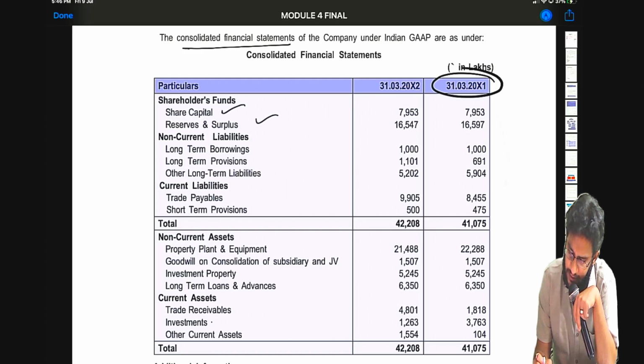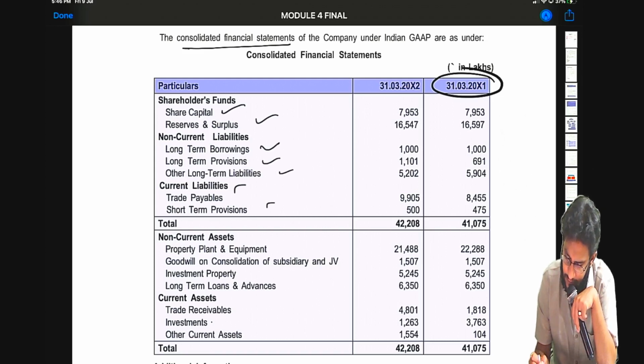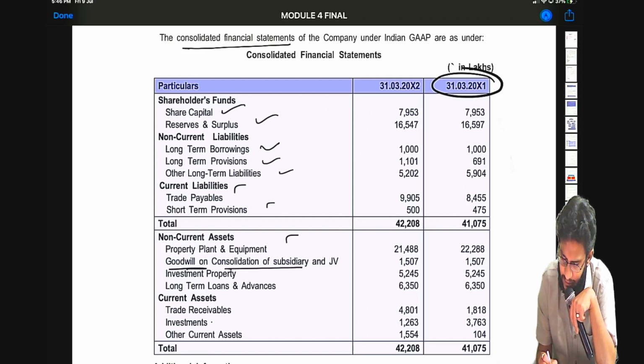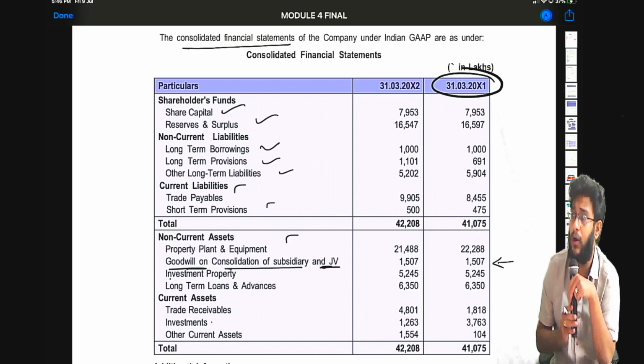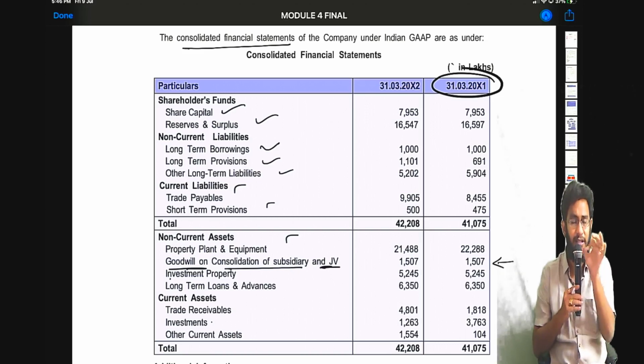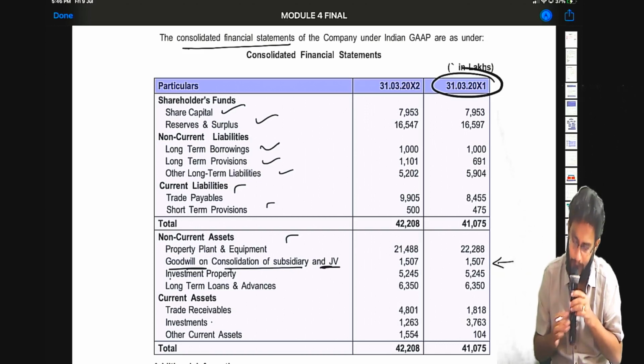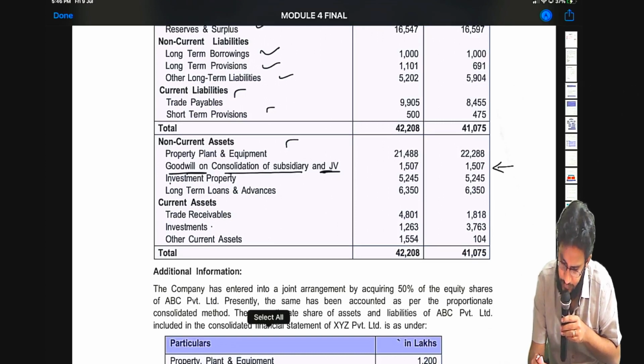Share capital, reserves, long-term borrowings, provisions, all this are there. Here look at this: goodwill on consolidation of subsidiary and JV. So this goodwill is purely related to subsidiary and JV consolidation. Next, investment property, long-term loans and advances, trade receivables, investments and current assets.